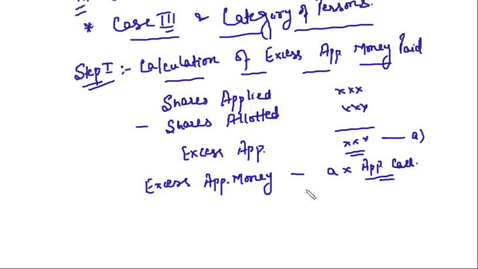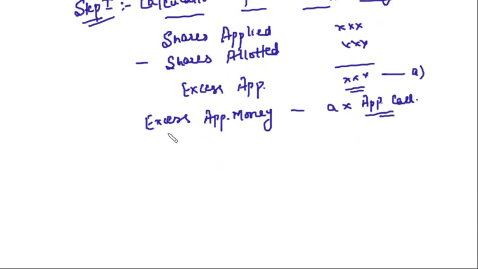So your first step will be the calculation of excess application money paid, that is to be adjusted towards allotment. This should be the very first step.